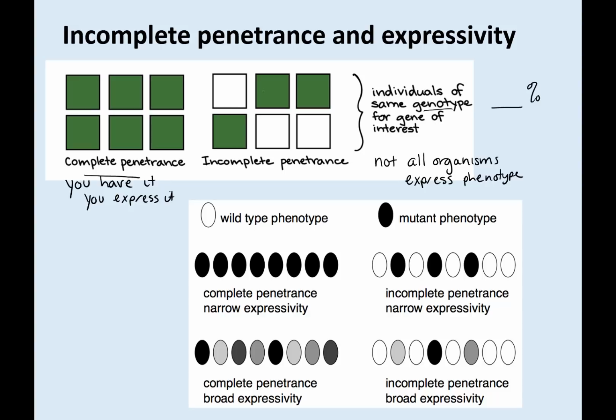So in this case, since 3 out of 6 express, the penetrance would be 50%. Now, it can get even more complicated than that with expressivity, which is how much of the phenotype is expressed.